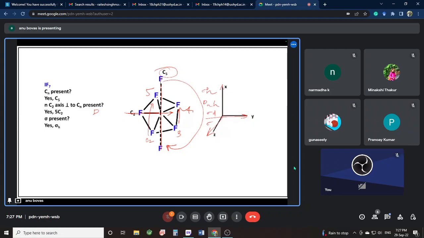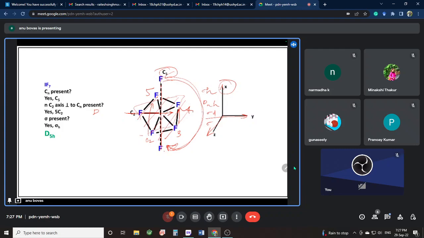X-axis we don't have. Y-axis we have. If we cut through this I and 5F, this 5F and this F will be acting as mirror images of each other, and we are cutting through all these 5 fluorines and 1 iodine. So it is perpendicular to the principal axis, and we have a sigma h.